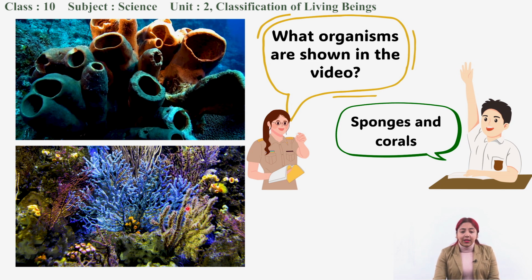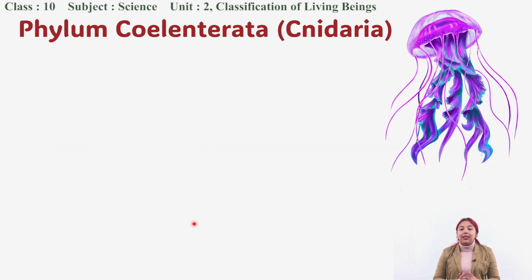But these are corals. Corals feel hard and form complex patterns and branches. So when you see an organism like this, this is how you can distinguish between the porifera and the phylum Coelenterata. Now let us begin by studying the phylum Coelenterata.